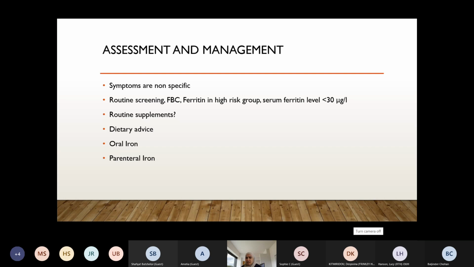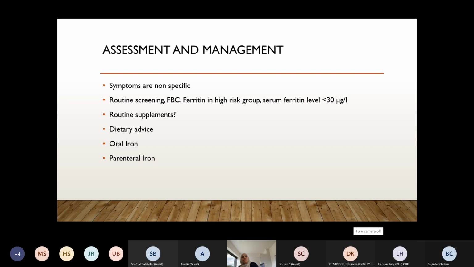And there is a recently published large study, I think there were 44,000 women involved in that meta-analysis, which suggested that iron deficiency is extremely common, and 50% of women had low ferritin in pregnancy. So there is a debate going on regarding routine supplementation, but current UK practice is still that we are not offering routine supplementation just in pregnancy.